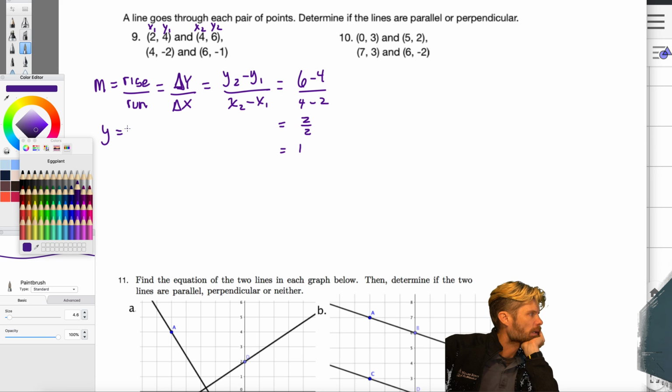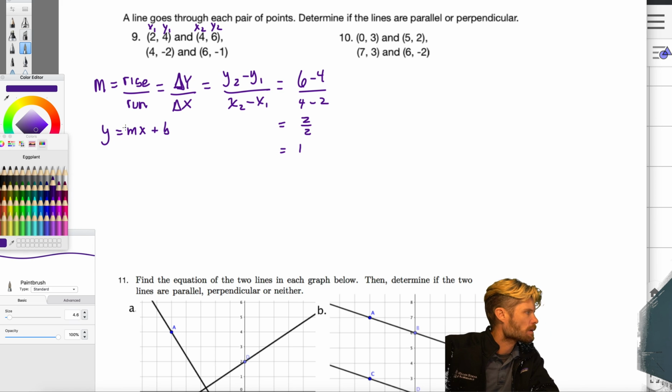So I've got y equals mx plus b. One way to solve this is to say, okay, I know that my m here is 1. So I'm going to put a 1 in there, and a y and an x, I know.